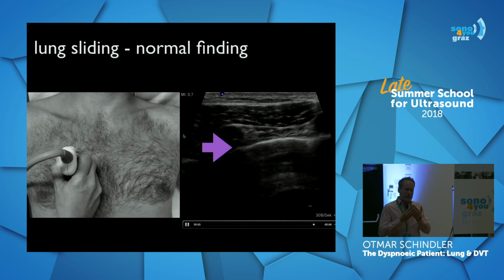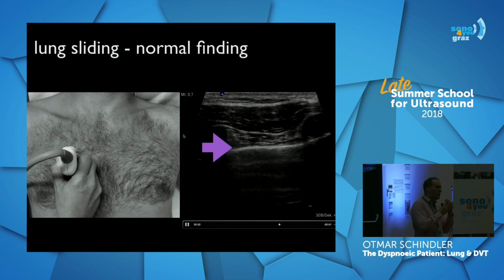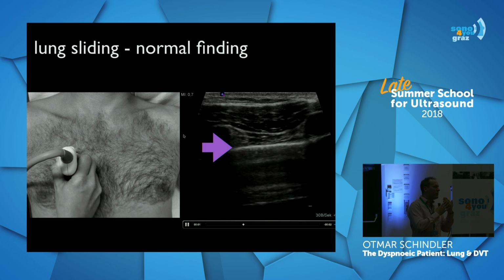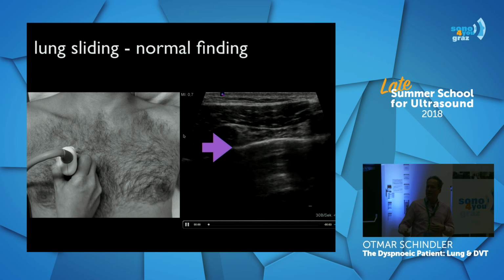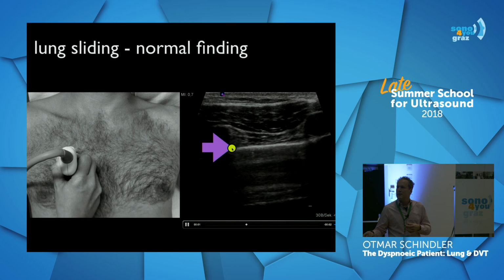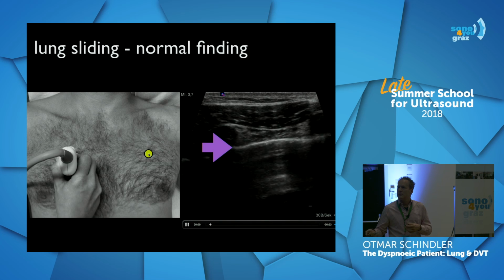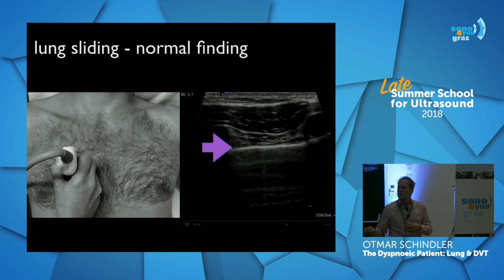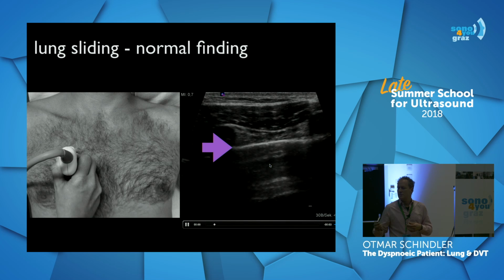So if the visceral and the parietal pleura are moving with every respiratory cycle, you should see this so-called lung sliding sign. Yeah? Lung sliding you see here at the pleural line. It's working or not? Sorry. No. You see here?